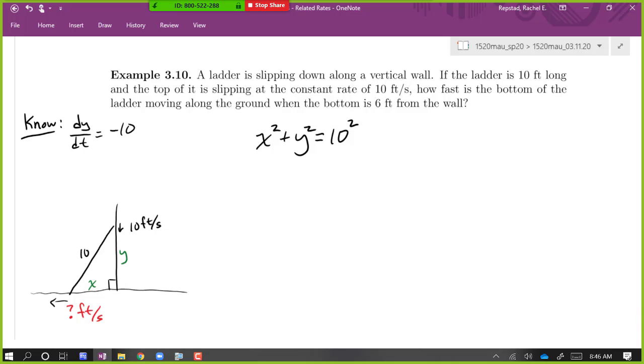dx dt is the rate we're looking for. How fast is the bottom of the ladder moving out from the wall? That's the rate of change at which that distance from the corner to the end of the ladder is changing. So we want dx dt when the bottom is 6 feet from the wall, that's when x is 6.